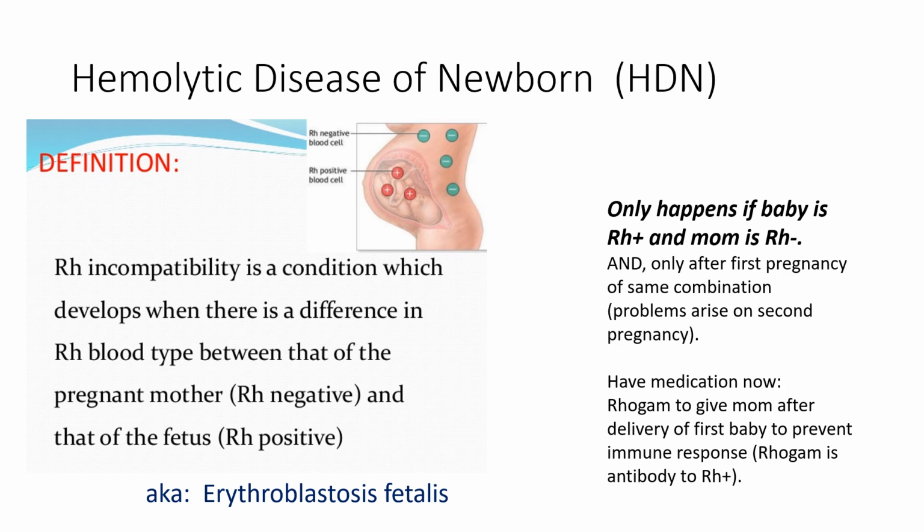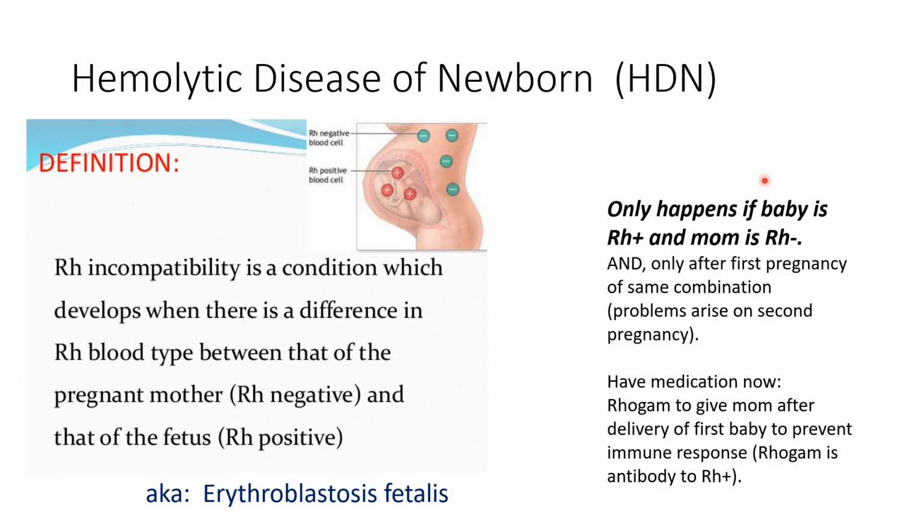So usually the firstborn in a family is not affected by this. But if you are an Rh positive fetus and your mother is Rh negative, the act of pregnancy and childbirth gives rise to anti-D antibodies that can cross the placenta and attack the fetus.